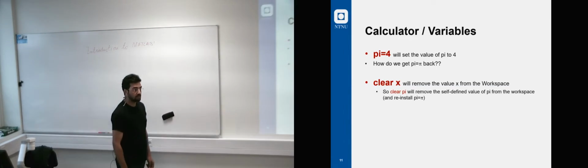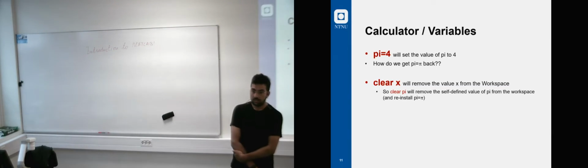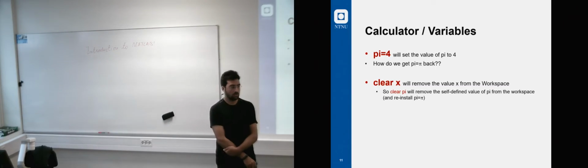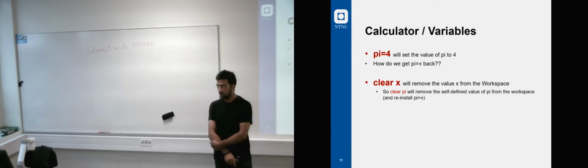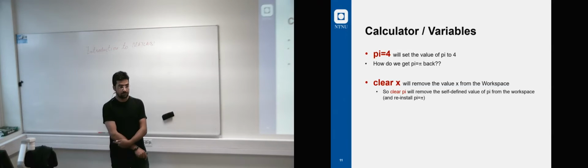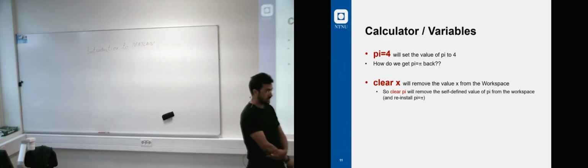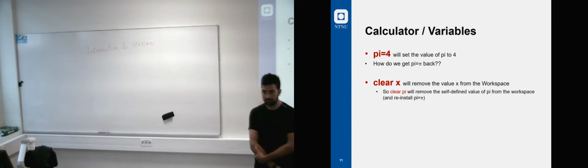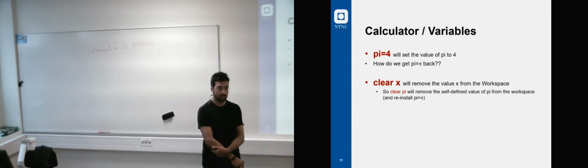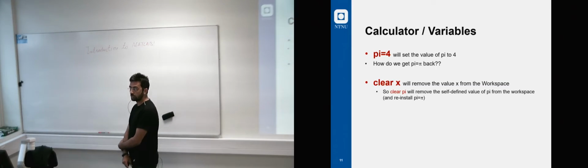After clearing it, the variable will not be in your workspace anymore. Sorry, it was pi. If you clear the value of pi that you have set, say clear pi, and then write pi and hit enter, you will see its actual value is back.